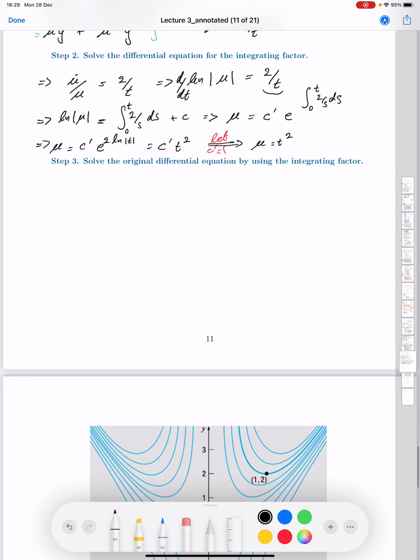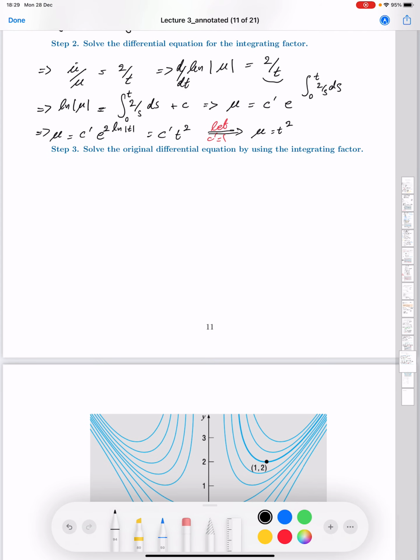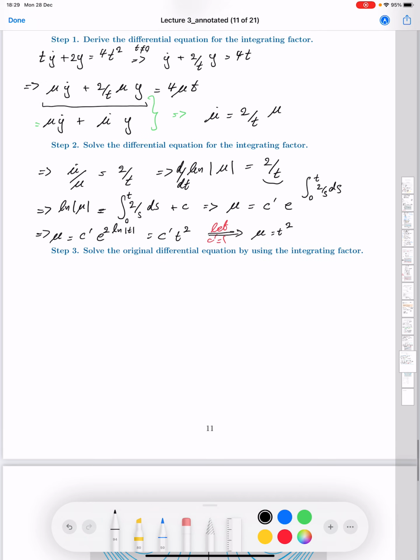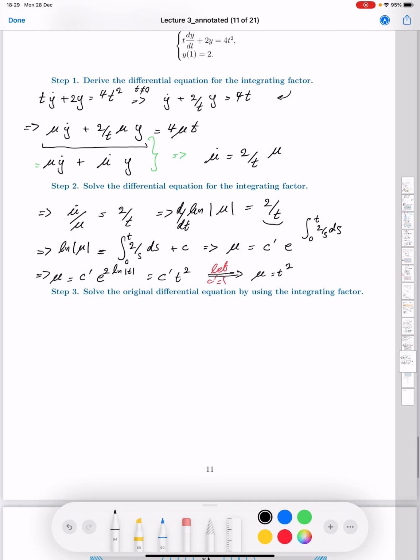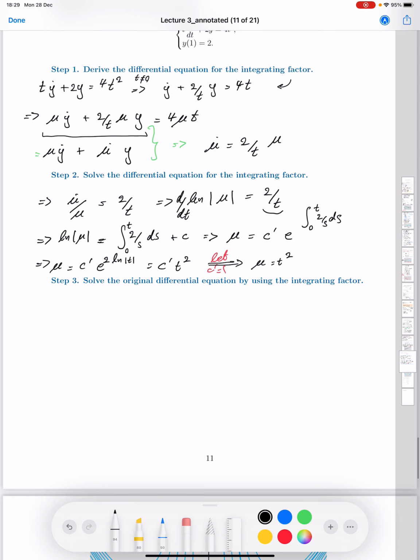Okay. Now the final step. I need to multiply t squared into the original equation, right? And then try to solve that. So if I multiply equation star by t squared, then I will have t squared y dot plus, look what interesting thing is happening here.